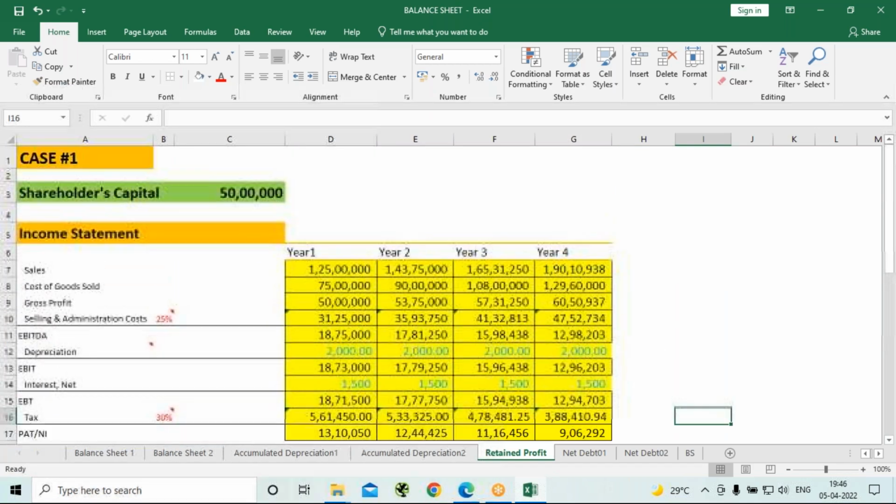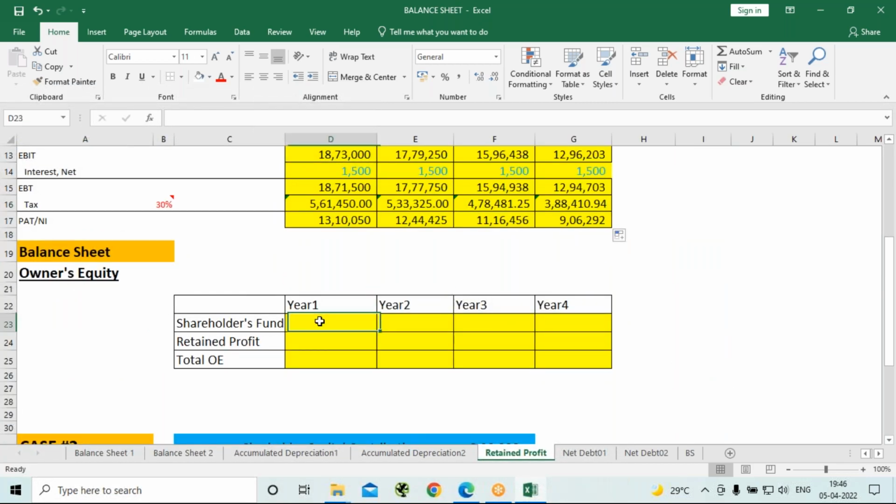So now what is the shareholders fund over here? It is 50 lakhs. Sorry. So the shareholders fund, it is going to be 50,000.